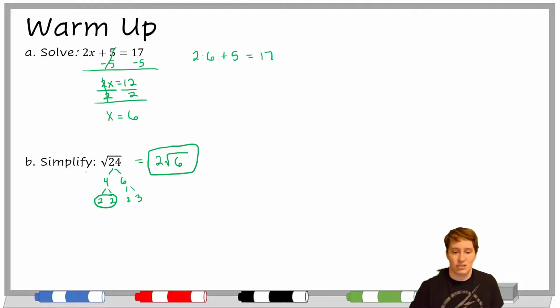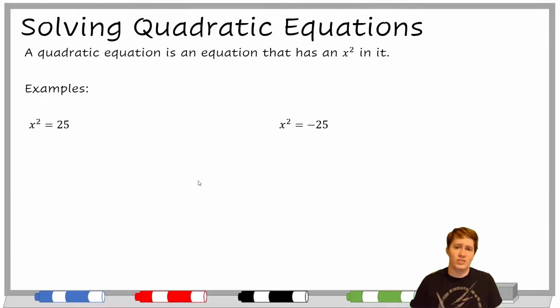So let's get started with quadratic equations. First off, a quadratic equation has an x squared in it. Pretty recently when we did polynomials and naming polynomials, we looked at how the highest exponent is one of the ways we can name polynomials. And so this idea of quadratic comes from that.